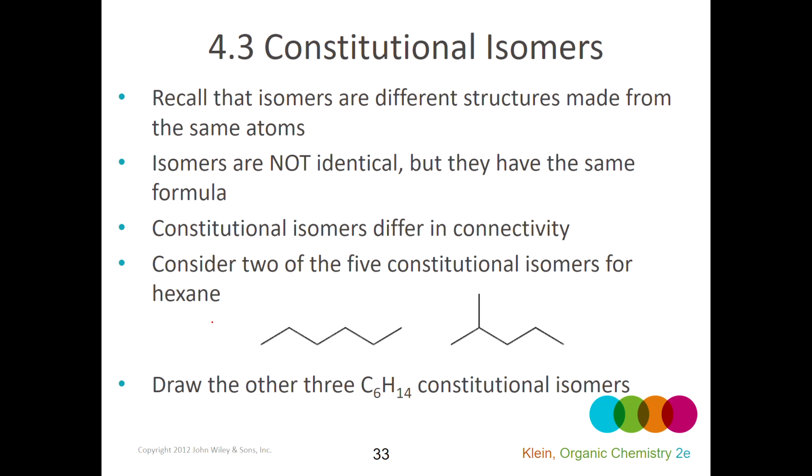So isomers have to have all the same atoms, which means they have to have the same formula. So if I'm asking you what's the relationship between two structures, the first thing you want to do is check out their formulas. Count how many carbons there are. Count how many hydrogens there are. 3, 4, 5, 6, 7, 8, 9, 10, 11, 12, 13, 14. Do the same thing on both structures.